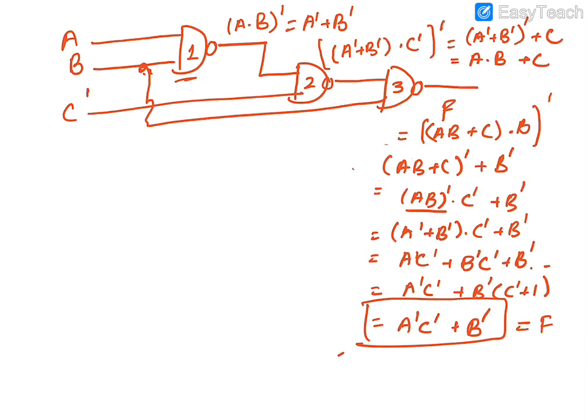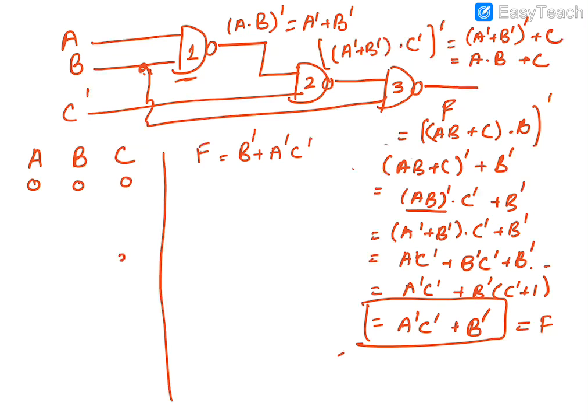Now you will write the truth table. A, B, C define the inputs, and the output is F, which is equal to B prime plus A prime C prime. So writing all the combinations here.